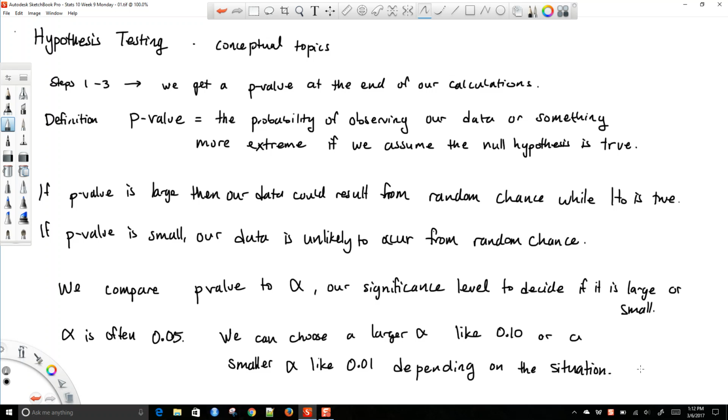There are different reasons for these different decisions, and so depending on the situation, we might move this arbitrary line from 5% to something higher, like 10%, or something lower, like 1%. What are the reasons why we might want to raise or lower that? Let's talk about this.